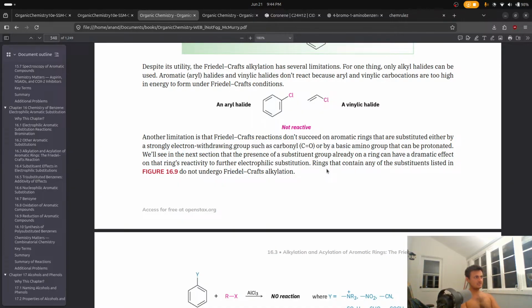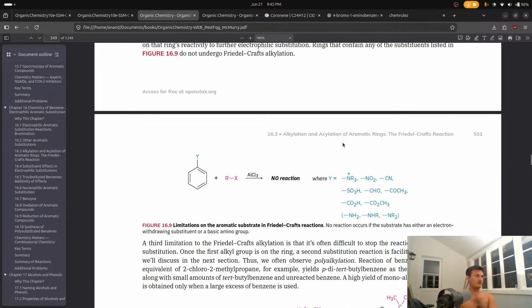We'll see in the next section that the presence of a substituent already on a ring can have a dramatic effect on that ring's reactivity to further electrophilic substitution. Rings that contain any of the substituents listed in figure 16.9 do not undergo Friedel-Crafts.